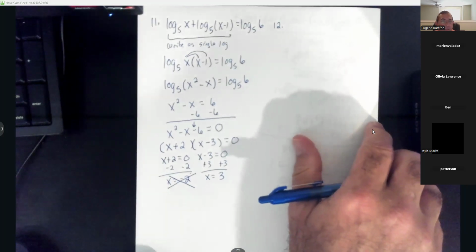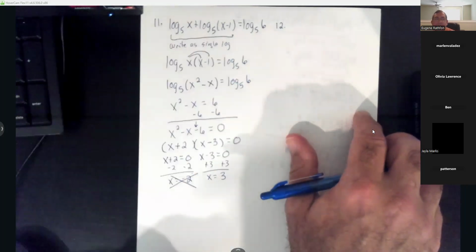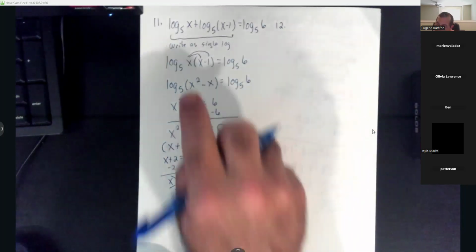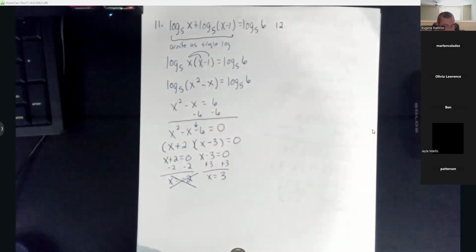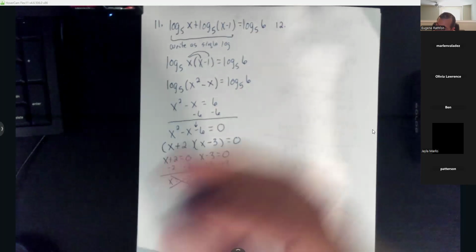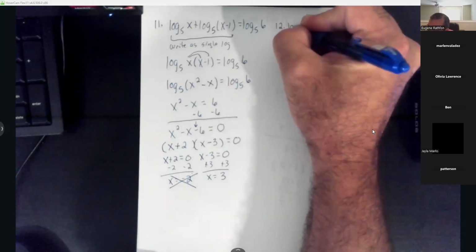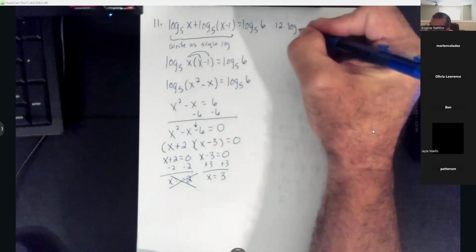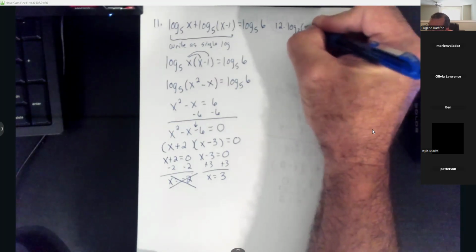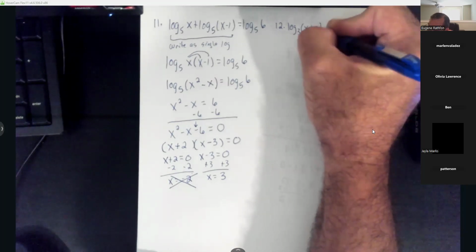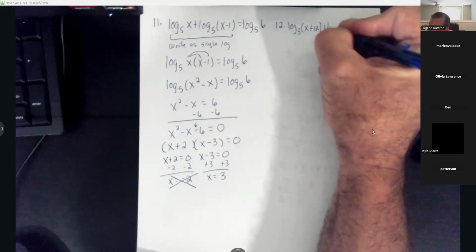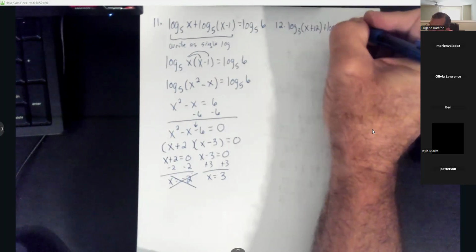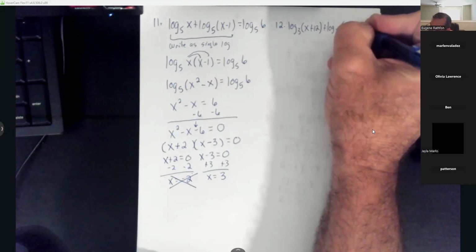Y'all, here's the last one. These are not too bad. You just got to start out: do I combine logs or not, and then move on, okay? So this last one, we got log base 3 of x plus 12, plus log 3 of x minus 12.